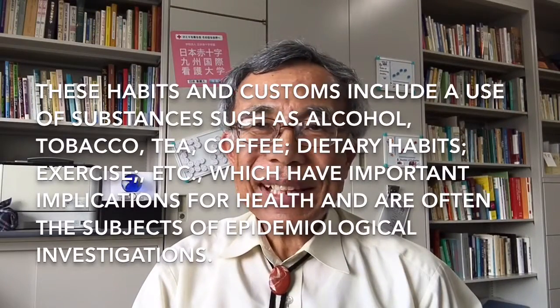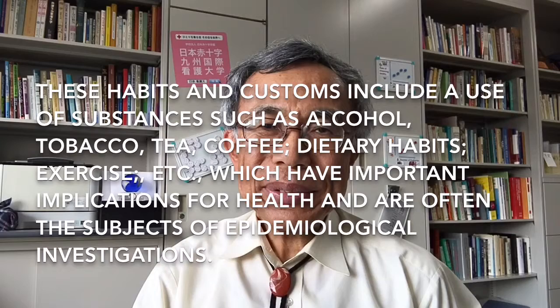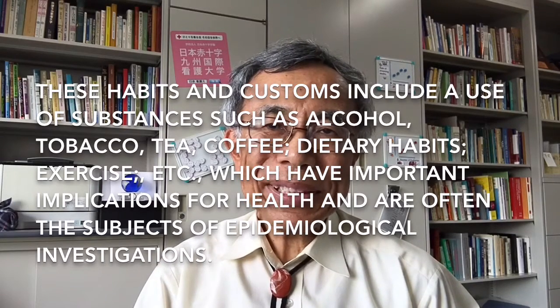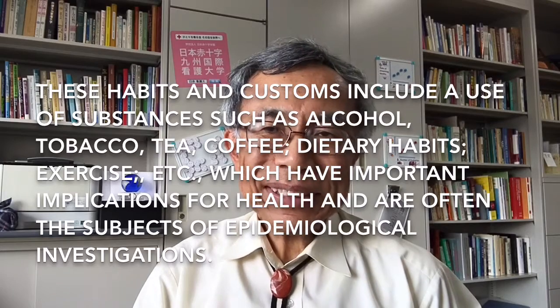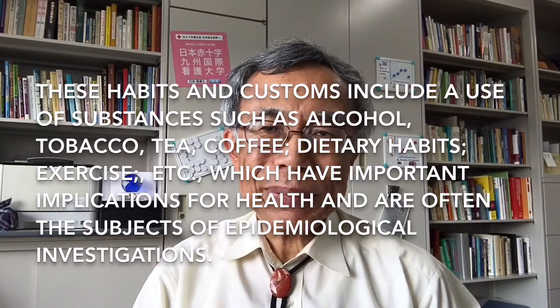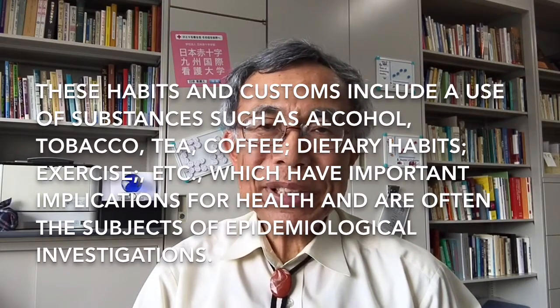These habits and customs include a use of substance such as alcohol, tobacco, tea, coffee, dietary habits, exercise, and so on, which have important implications for health and are often the subjects of epidemiological investigations.